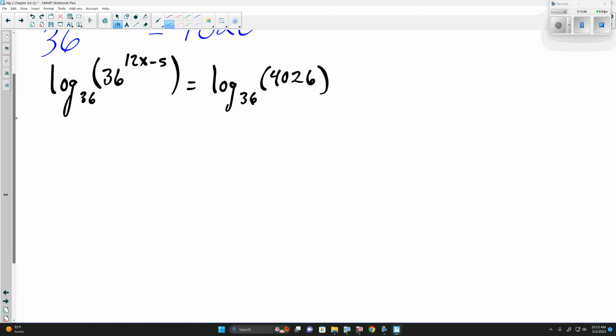And if we do that, the 12x minus 5 moves to the front, leaving us with what? Log base 36 of 36, yes? Well, log base 36 of 36 is just 1. And if we do know that it is indeed 1, we can just cancel it out.